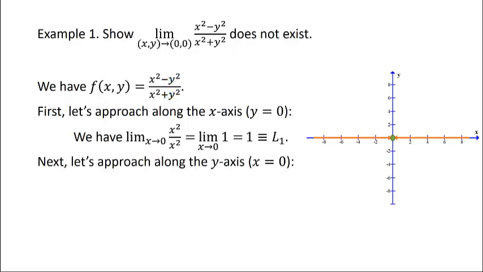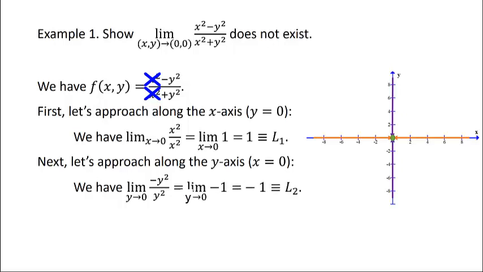Now next, let's approach the origin along the y-axis, which is, of course, when x equals 0. So if in our equation we let x equal 0, we have the limit as y approaches 0 of negative y squared over y squared, which is the limit of negative 1, which is, of course, negative 1. And we'll call that L2.